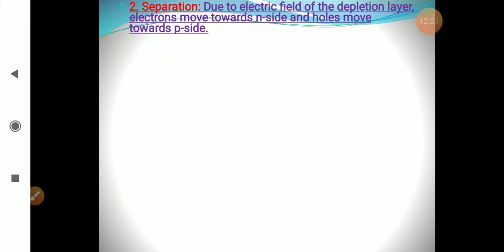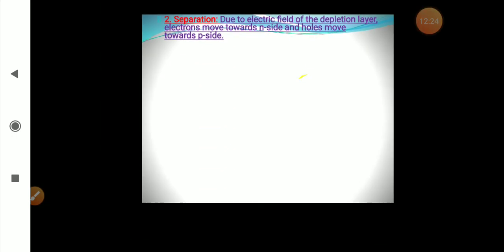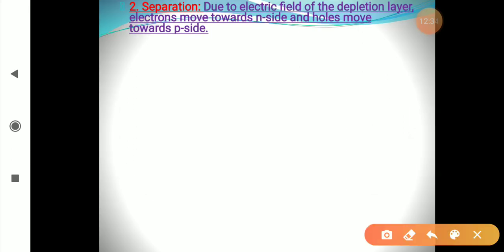Now, the second step is separation due to the electric field of the depletion layer. Electrons move towards the N side and holes move towards the P side. Now, you will also understand that at the PN junction, if this is the N side and this is the P side, then you know that the N side is positive and the P side is negative in the depletion layer.